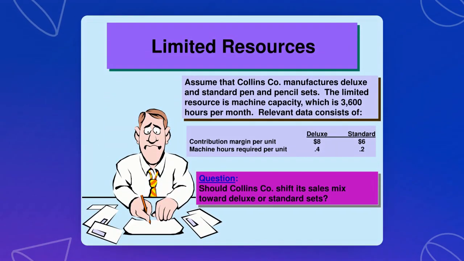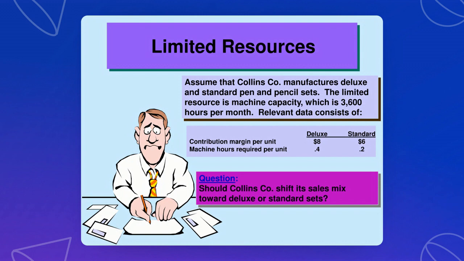Alright. So, in terms of your limited resources, class, for example, we assume that Collins Company manufactures deluxe and standard pen and pencil sets. The limited resource is machine capacity, which is at 3,600 per month.